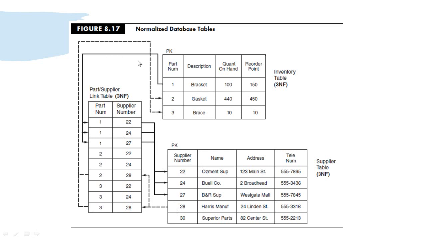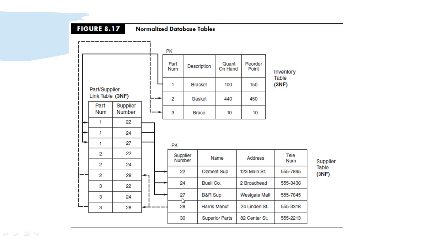Okay, it is, for example, the part number and description: bracket, cascade, breeze. It is transferred to the part supplier link table here with the supplier number and part number 1, 22, 24, 27, and here we will transfer to the supplier table. Here is 22, 24, 27.